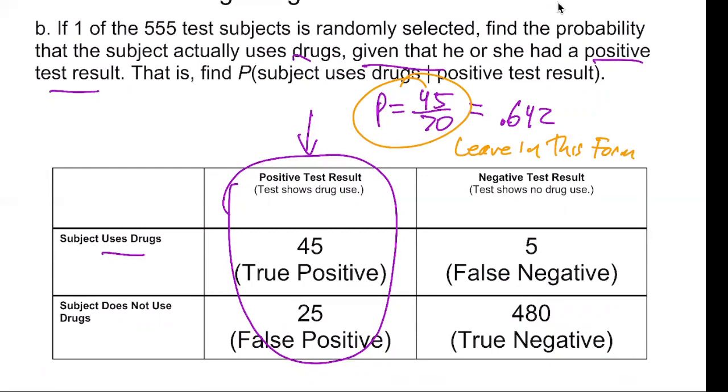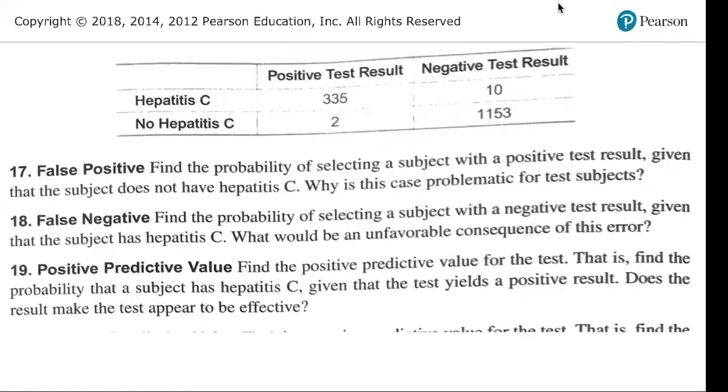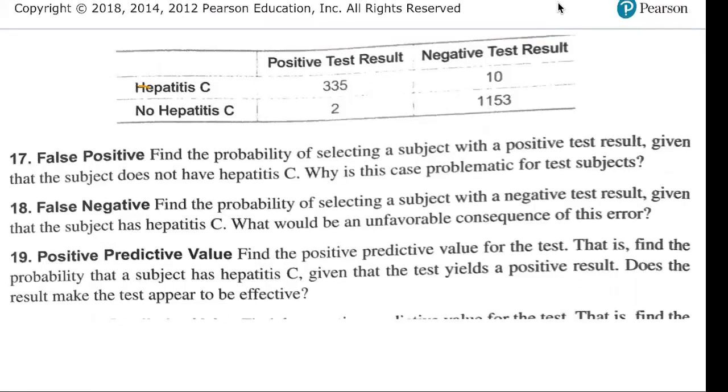So let's do another problem like this from the book. I'm actually going to change this because let's talk about COVID. We might as well. People are being tested. So we have the first row is you have COVID.